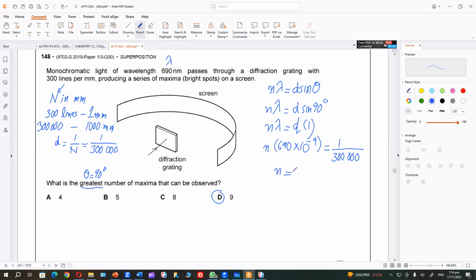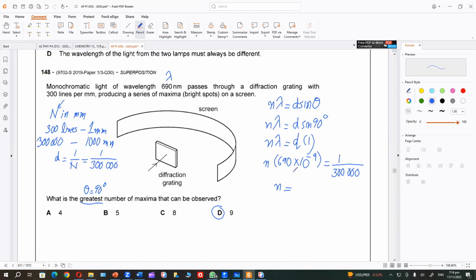What value of N is coming from this calculation? If you people have done this calculation and found the value of N, what value did you get? One second, sir. Sir, it's 4.5.